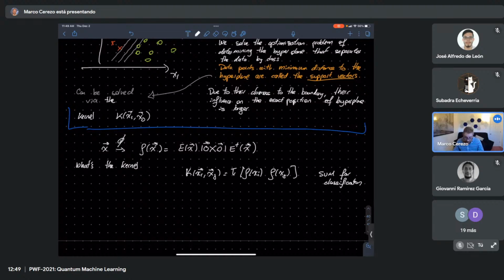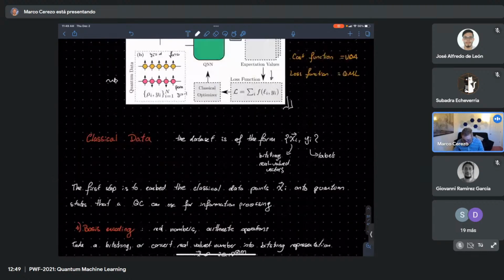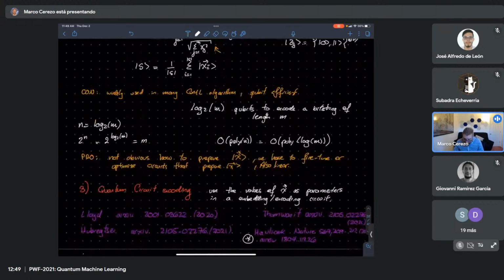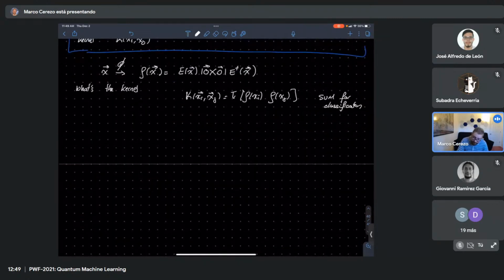And that's perfect, right? We can do this, but as you might be wondering, this doesn't fit this framework. We haven't even talked about quantum neural networks right here. And this is something that happens also in classical machine learning. In classical machine learning, whenever we want to do classification, we can do kernel methods with support vector machines, or we can use neural networks.